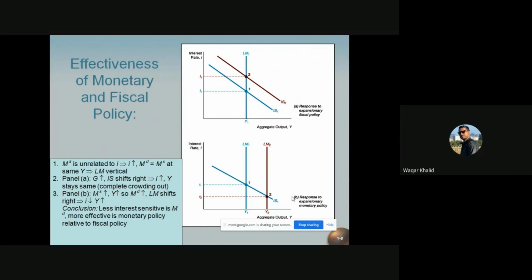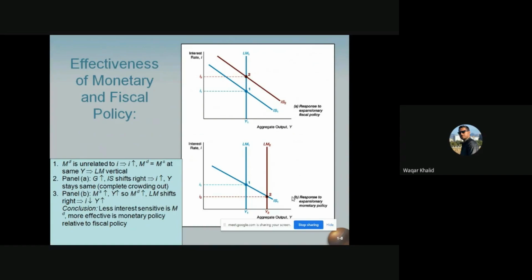As you know, both monetary and fiscal policy affect the level of aggregate output. To see when monetary policy is more effective than fiscal policy, we will examine a special case of the IS-LM model in which money demand is unaffected by the interest rate. If the money demand is unaffected by the interest rate, we can say that money demand is interest inelastic.